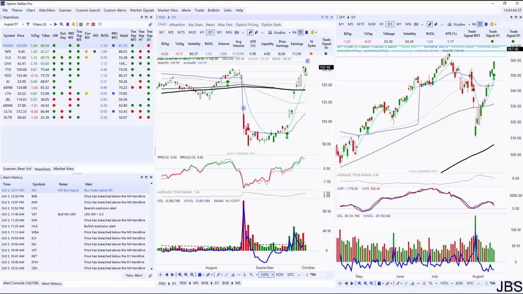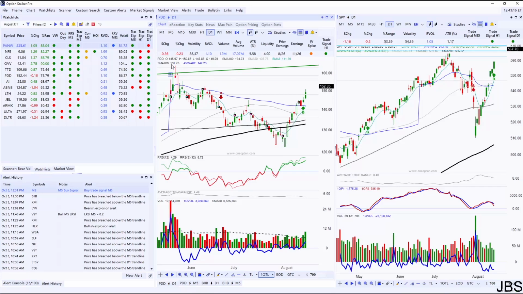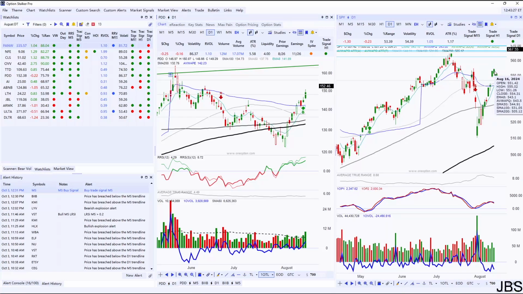So if we go back into our chart, here is PDD on 8/16, breaking through some high minus trend lines, moving through some horizontal resistance, nice heavy volume. And here is SPY on the 16th over here.